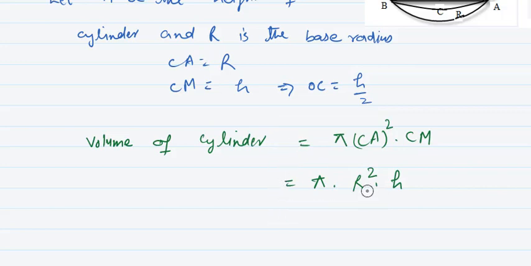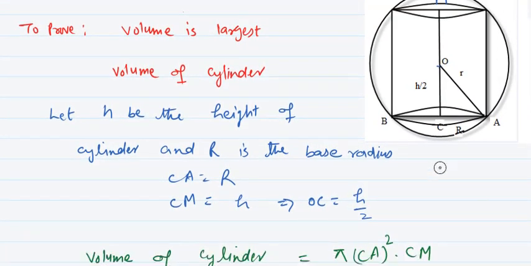So now this is in two variables, and as I told you, the function should always be in one variable. So how do we change it into one variable? Yes, the radius of the sphere is given to us, and that will help us find the relation between the radius and height of the cylinder. So clearly OCA is a right triangle.